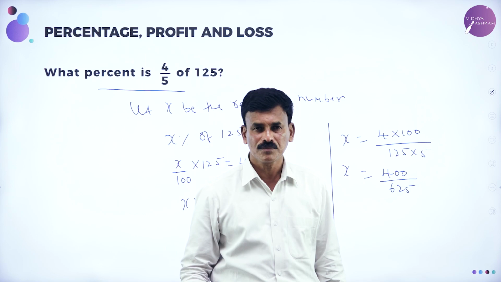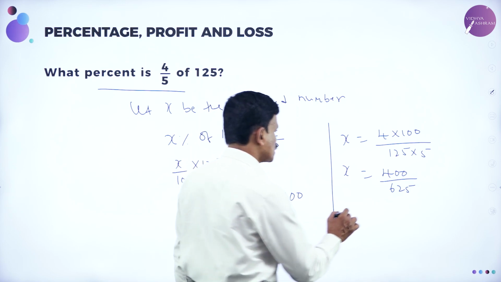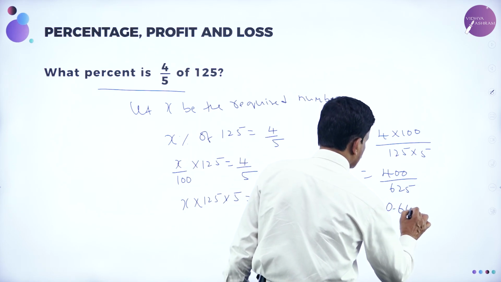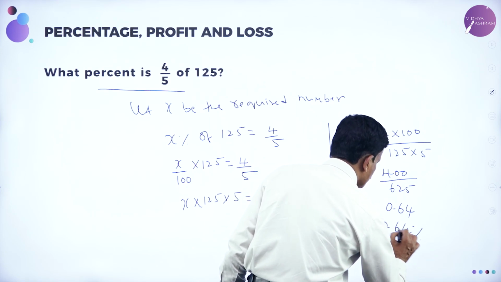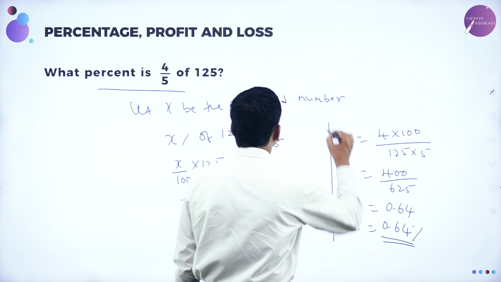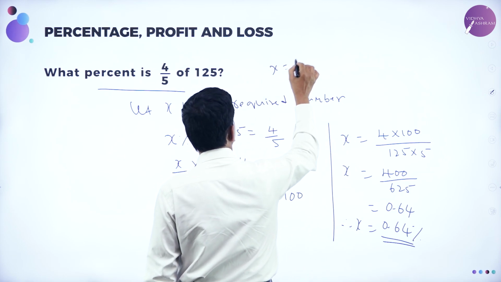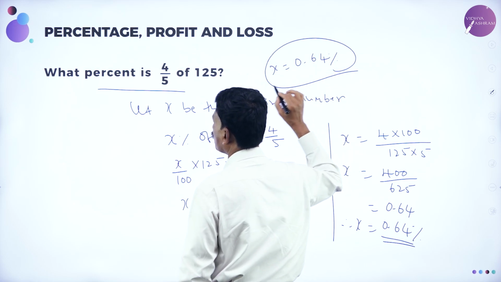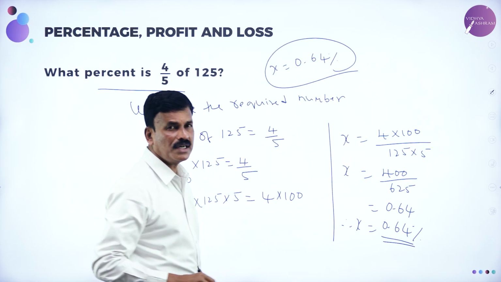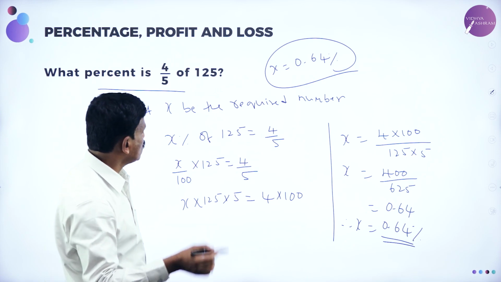This is nothing but 0.64. So, x is equal to 0.64%. 0.64% is the required answer. That is it. This is how we are going to solve.